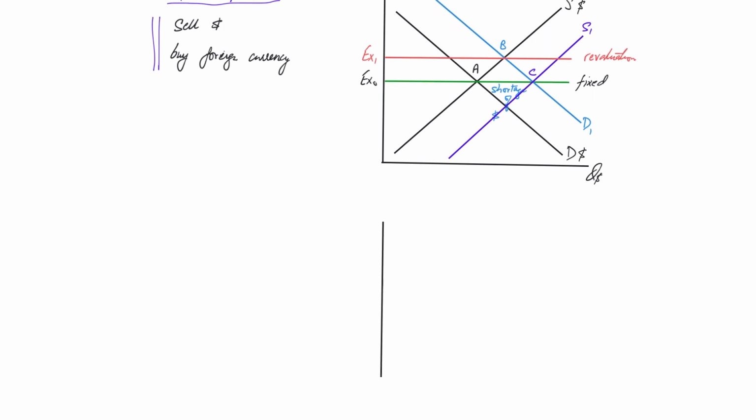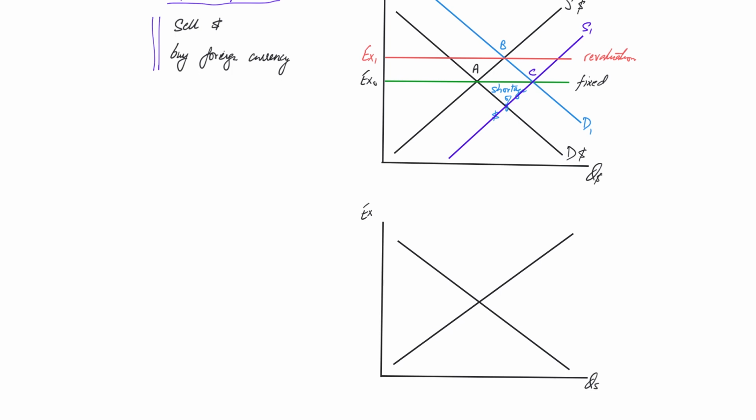On the other hand, if the case is slightly different, the case is that the central bank has fixed the currency at point A over here, okay, and for some reason the demand for the currency falls.